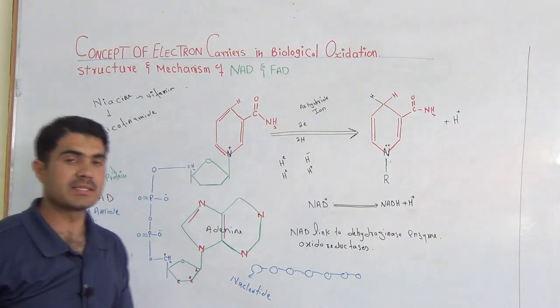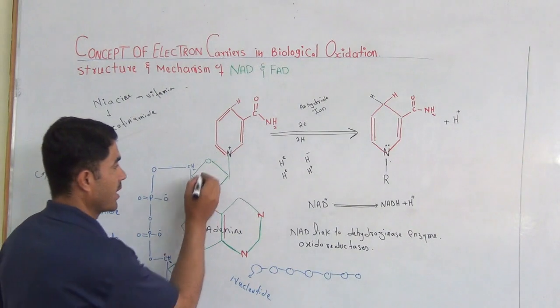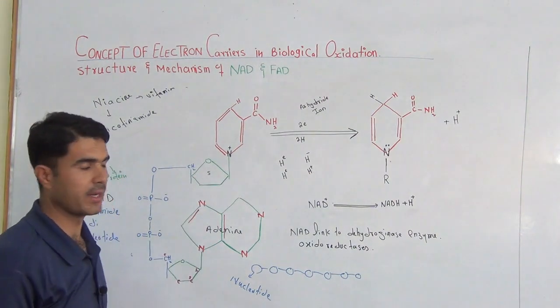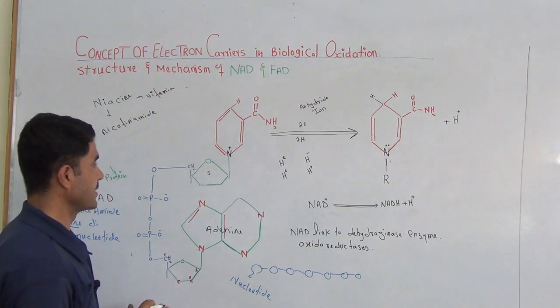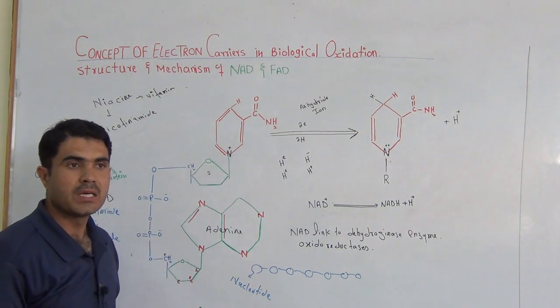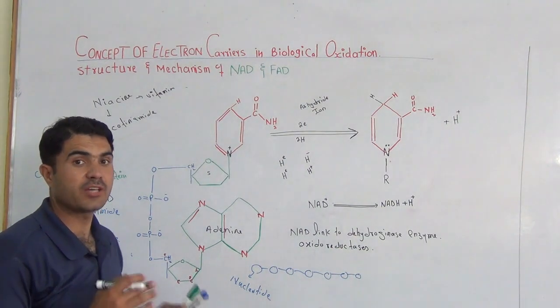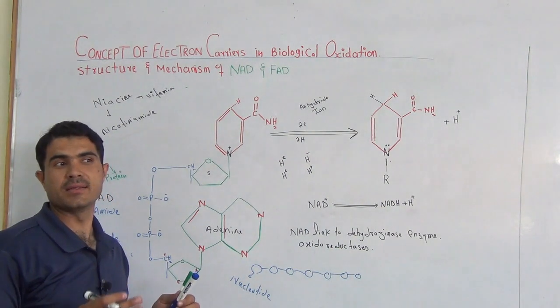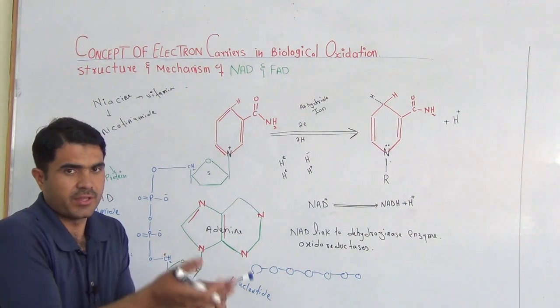But the problem is that in the second nucleotide we have a sugar and we have a phosphate, but we do not have a nitrogenous base like adenine, guanine, cytosine, thymine, or uracil found in the nucleic acids.